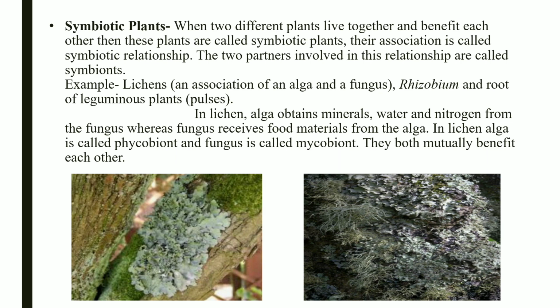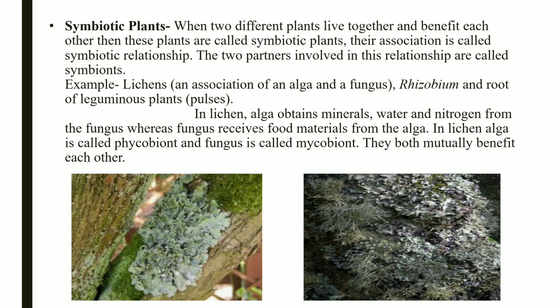But fungus has some root-like structure. Actually, students, it is not the real root. It is just a root-like structure, which is called haustoria, and it can penetrate its haustoria into the surface where it grows, to draw out water and minerals from the surface. So where is alga?